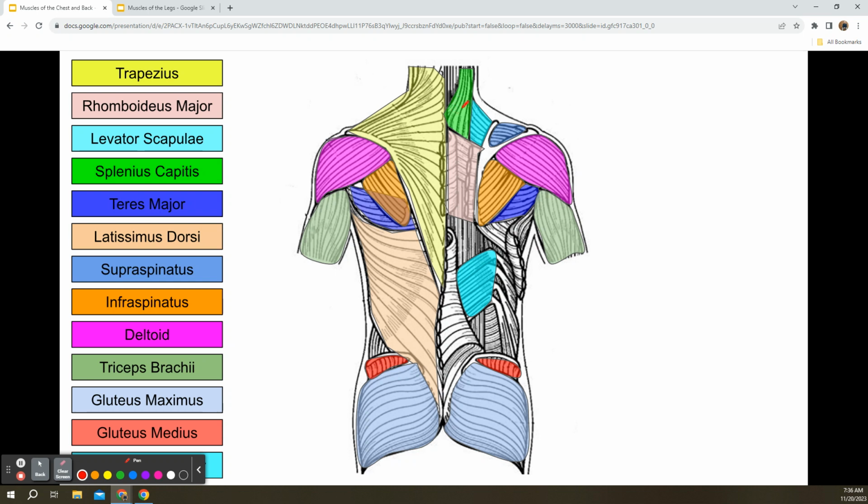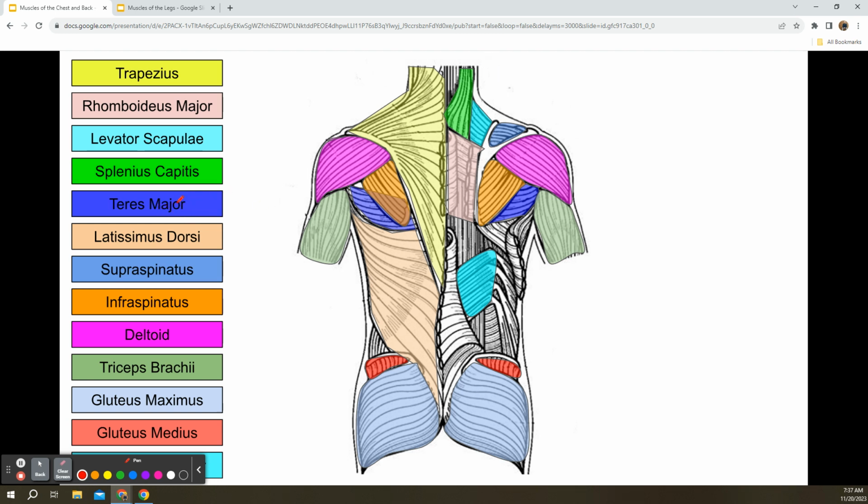Its insertion point is up at the skull instead, at that mastoid process, essentially right below your zygomatic, along that temporal process. What this muscle helps do is rotate the head, bend it from one side to the next, and keep it in an upright position.